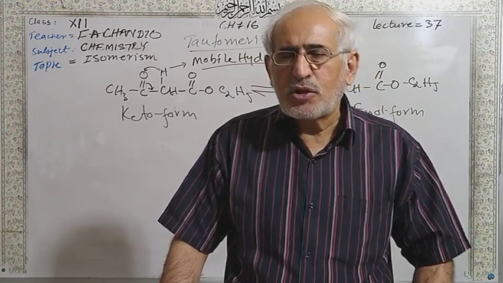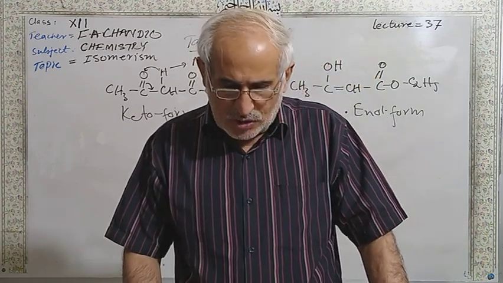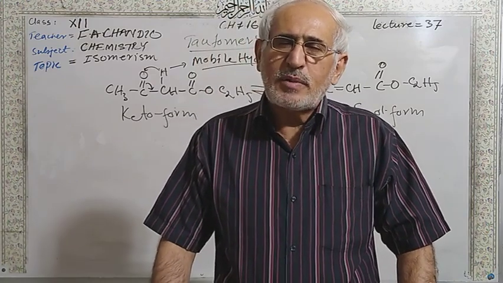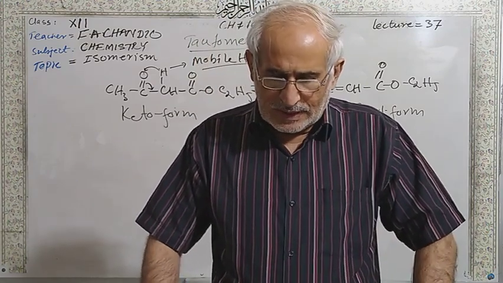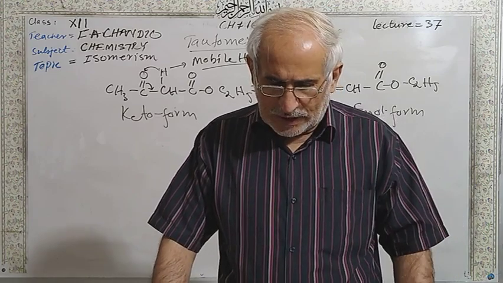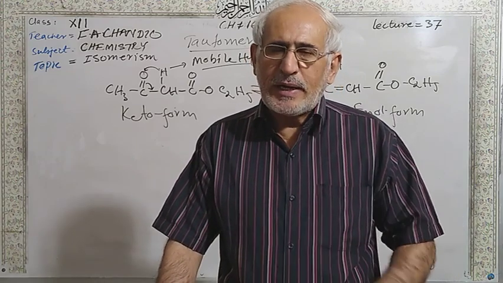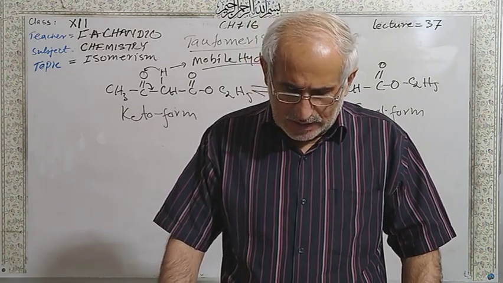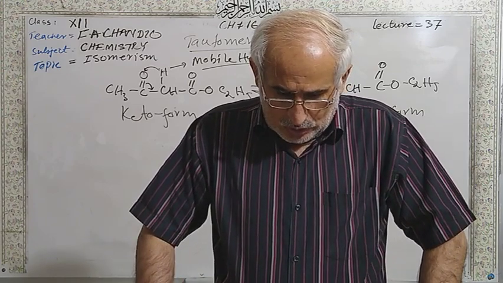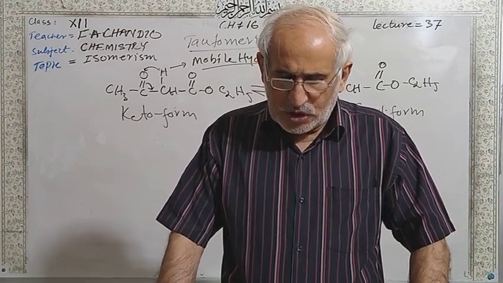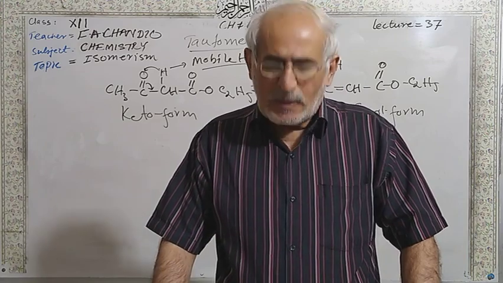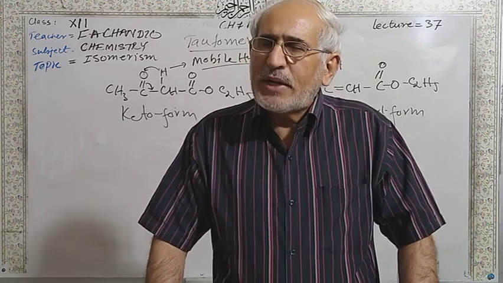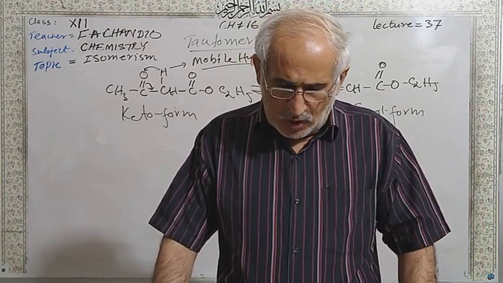Stereoisomerism has 2 types: geometrical (cis-trans) isomerism and optical isomerism, which we have to do now. Structural isomerism has 5 types, and I explained all 5 here: chain isomerism, position isomerism, functional isomerism, metamerism, and tautomerism. We have done all of these.